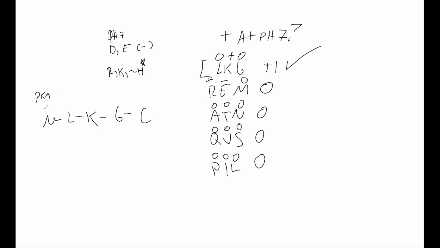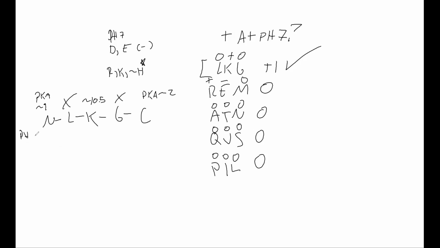The pKa of the N-terminus is roughly 9. The pKa of the C-terminus is roughly 2. And K is roughly 10.5. L doesn't have a pKa. G doesn't have a pKa. So if you don't have a pKa, you're going to be neutral.